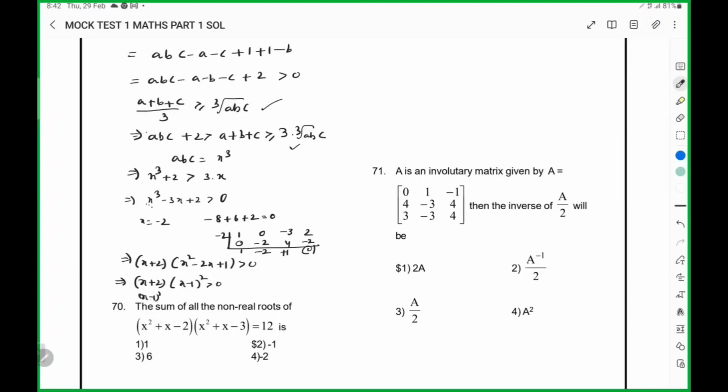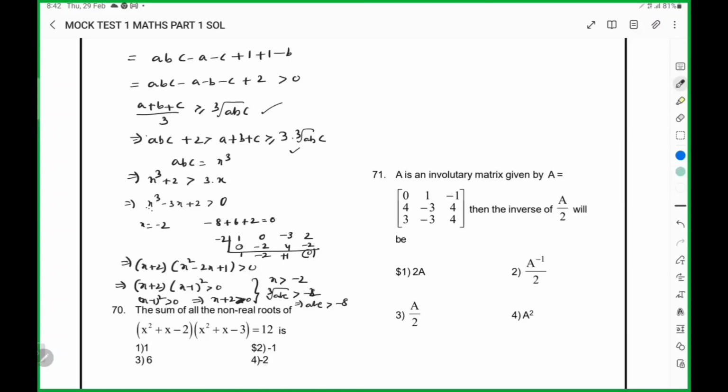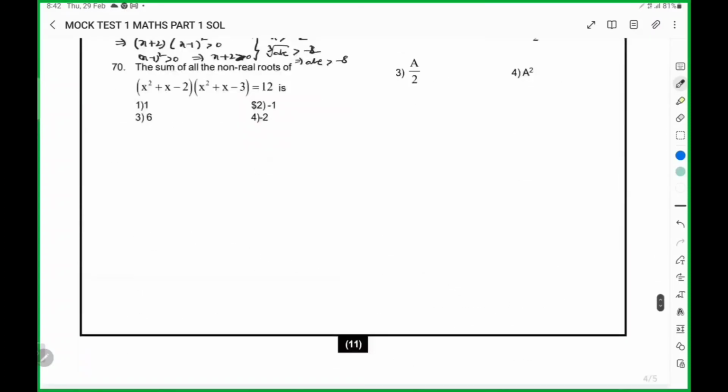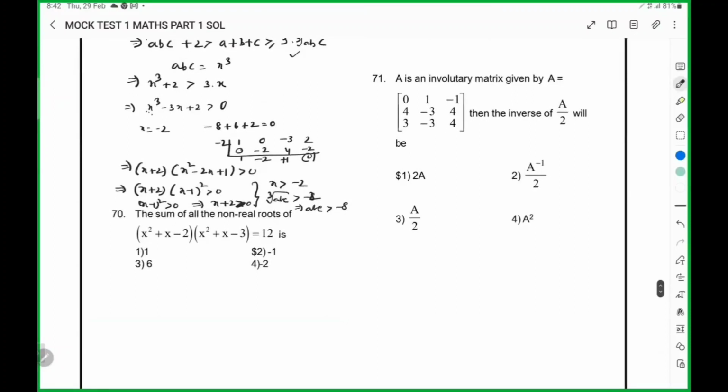X minus 1 whole square is positive, so x plus 2 must be positive. X is greater than minus 2. Cube root of ABC is greater than minus 2, so ABC is greater than minus 8. So, second option.